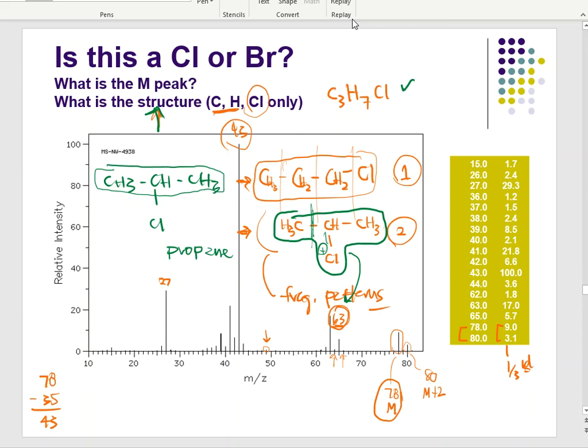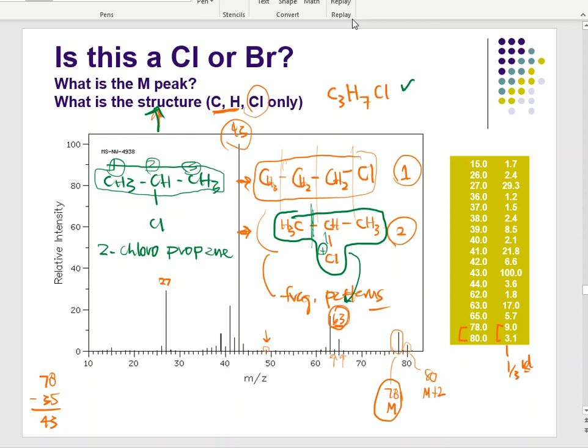So prop for 3, ane for single bonds, and it looks like there's carbon 1 and carbon 2 and carbon 3. It looks like on carbon 2 we have a chlorine group. So we would call that 2-chloropropane, or isopropyl chloride if you want to give us a common name instead.